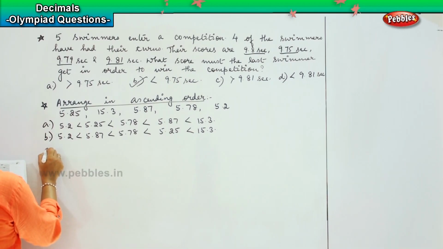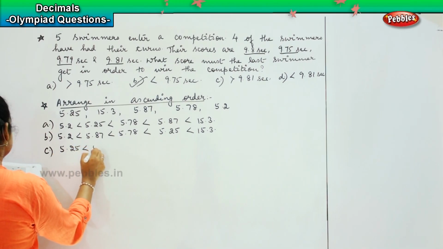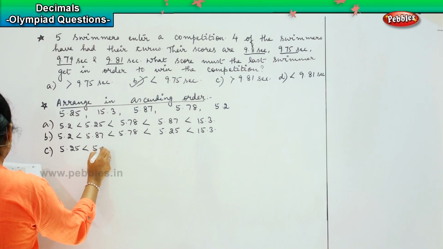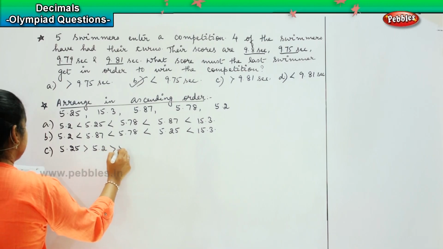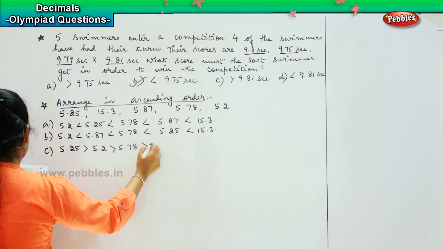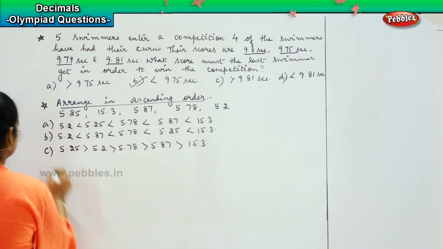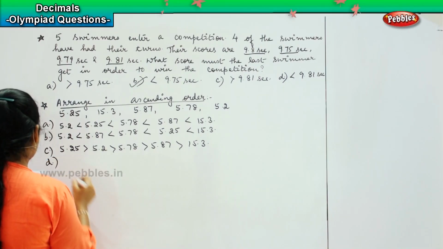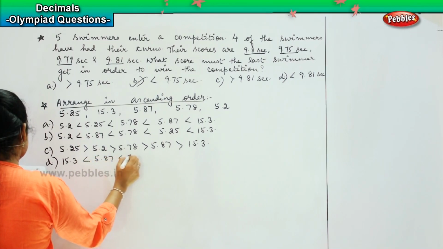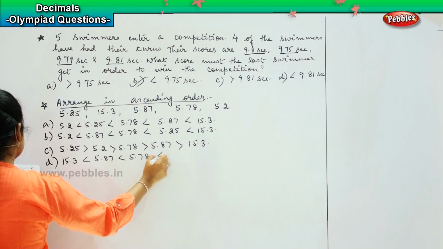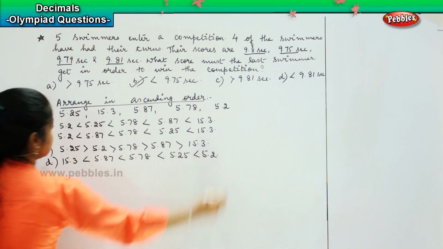The third one: 5.25 is less than 5.2, is greater than 5.2, is greater than 5.78, is greater than 5.87, is greater than 15.3. And the last option: 15.3 is less than 5.87, is less than 5.78, is less than 5.25, is less than 5.2.